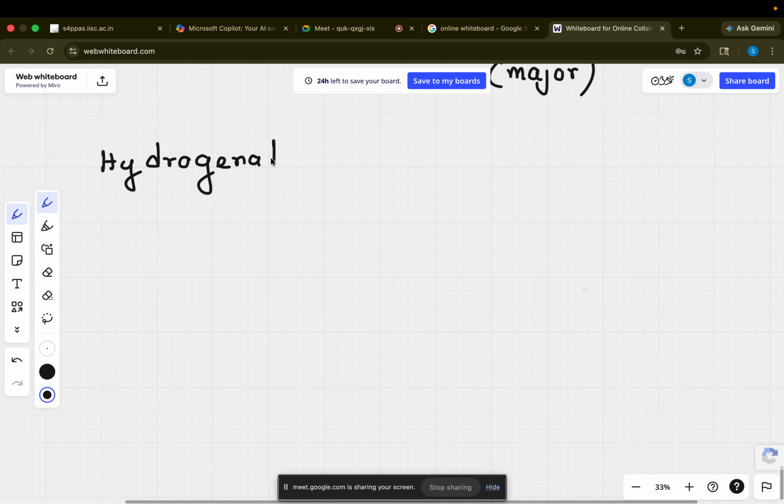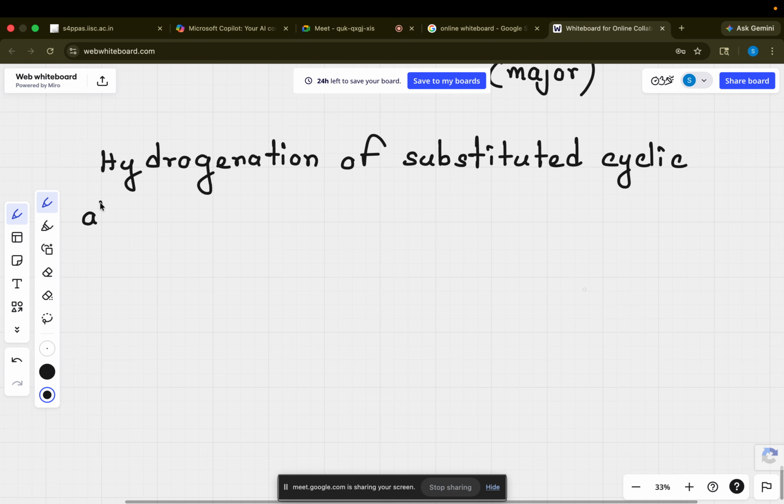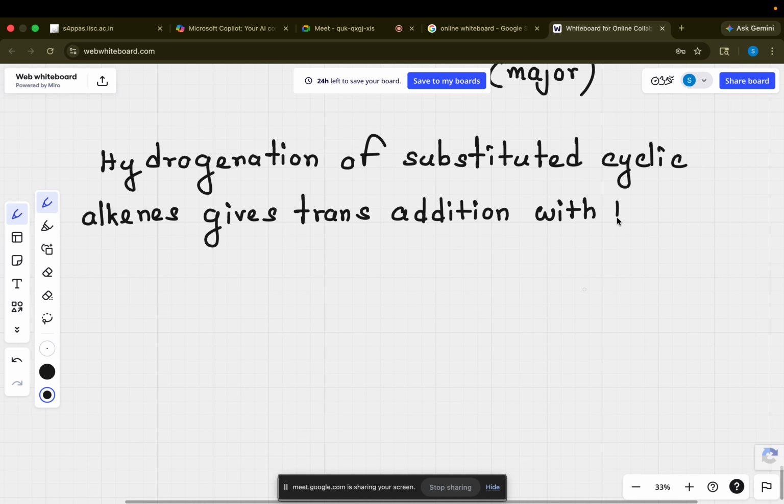Okay, so now write down that hydrogenation of substituted cyclic alkenes gives trans addition with palladium.